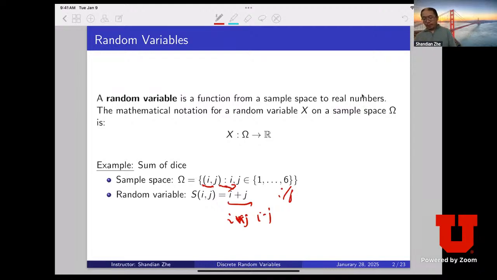Our discussion right now is limited to discrete random variables, meaning that you map every element in the sample space to a number, but the number of elements in your sample space is finite. By finite, I mean maybe just 100, maybe just 1,000, but it is finite. For example, in this sum-of-dice example, you roll the die twice and get 2 points.